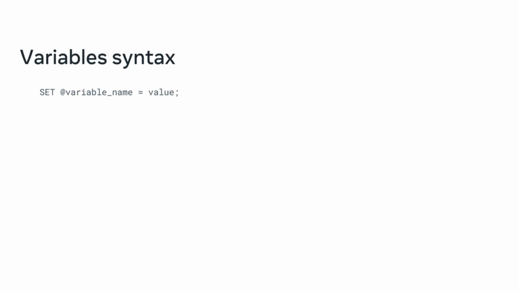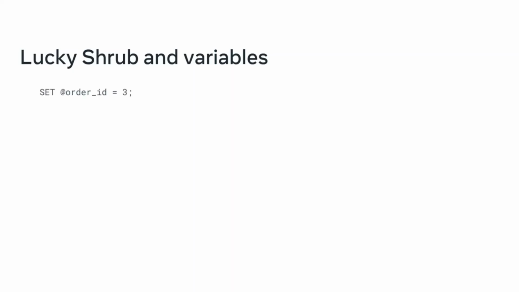Then assign a value to the variable. For example, Lucky Shrub have an orders table in their database that records orders placed with the business. They can create and use a variable called order ID to target the record with the order ID number of 3. They can now use this variable to delete, update, or query the record.